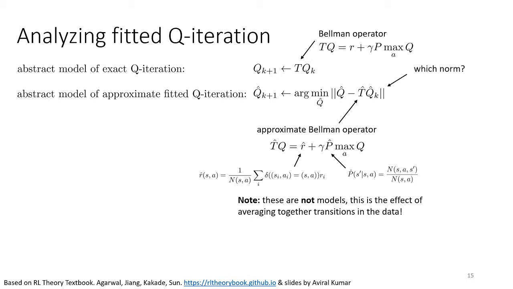This minimization will also be inexact. So we won't actually be able to get Q hat k plus 1 to perfectly match T hat Q hat k, because it's fitted Q iteration and there's some kind of function approximation or some kind of inexact learning going on. So we need some model for this error. And an important thing here is which norm are we going to use.